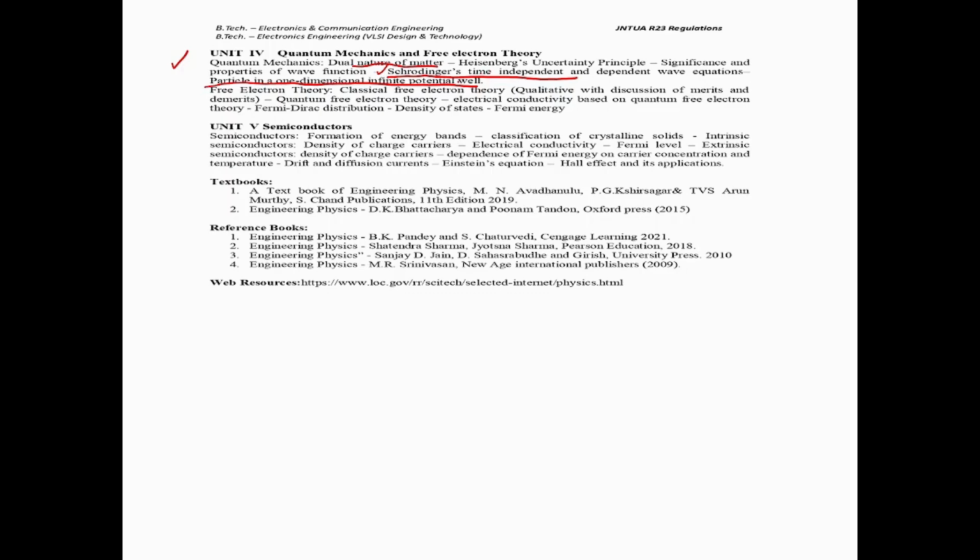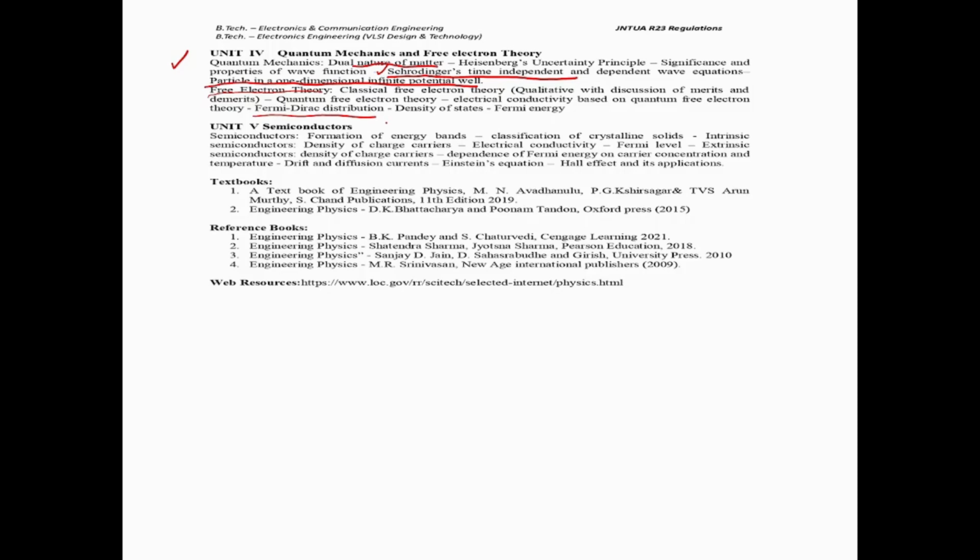Then after the first part, we focus on the second part, that is the free electron theory. In this there are three important questions. Number one is the Fermi-Dirac distribution law.